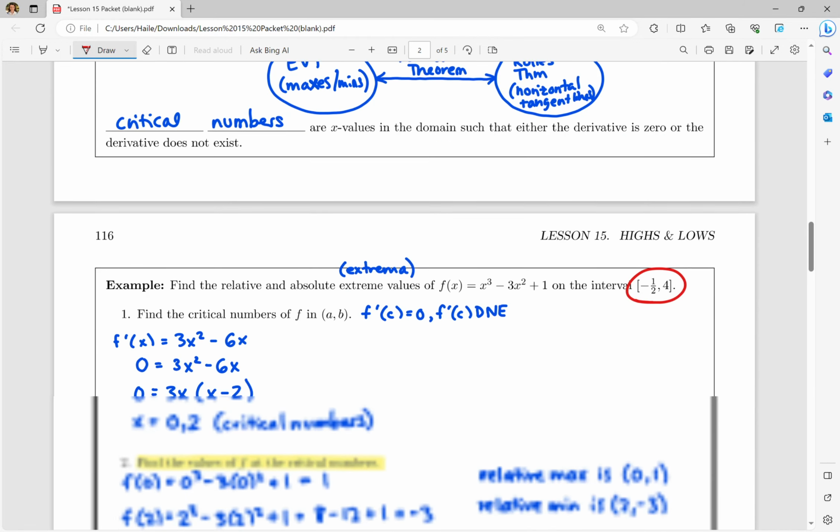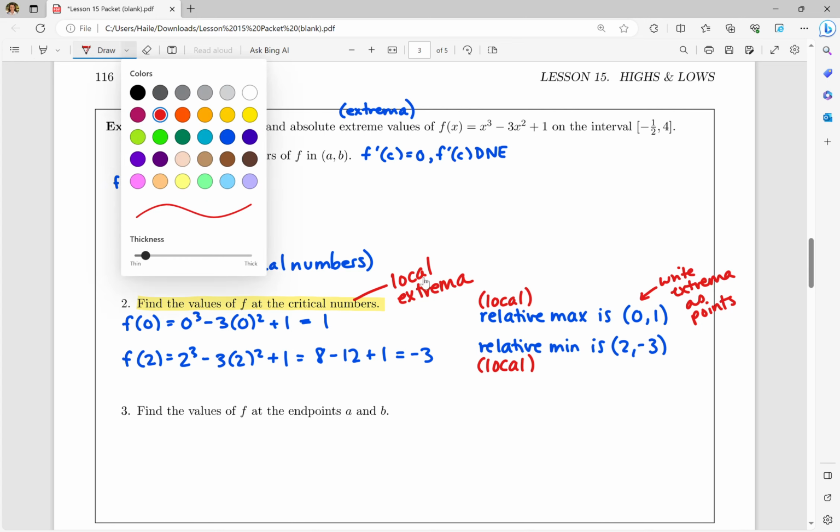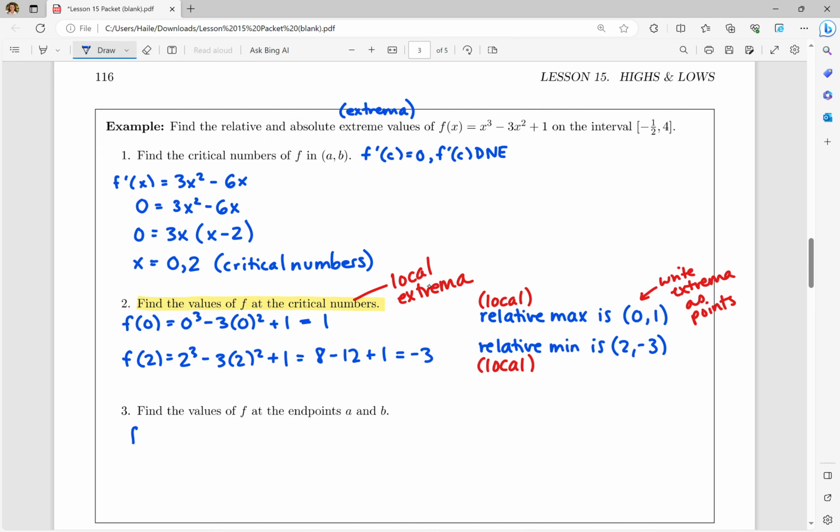If we restrict the graph to an interval like we do here, -1/2 to 4, then we can always have an absolute max or min, and that comes from the EVT. So we're going to find values of f at the endpoints a and b: f of -1/2, and f of 4.